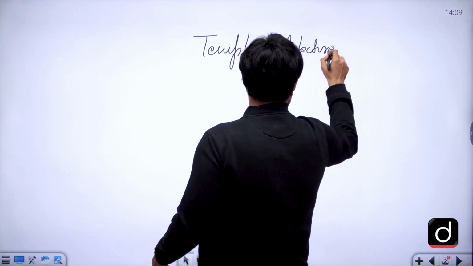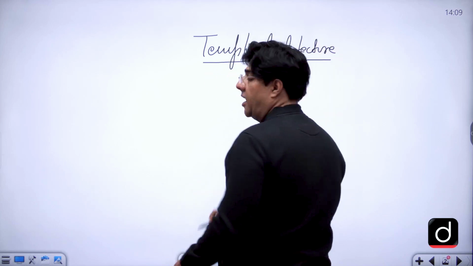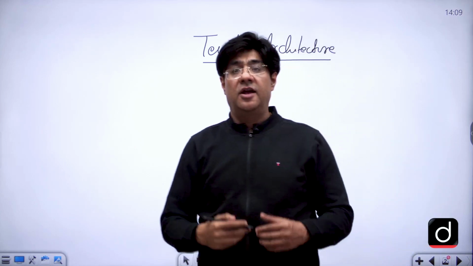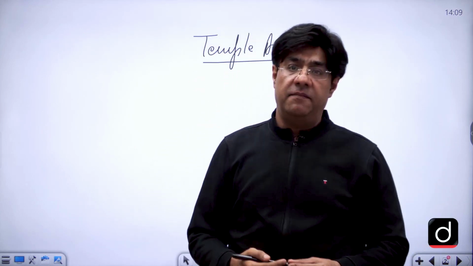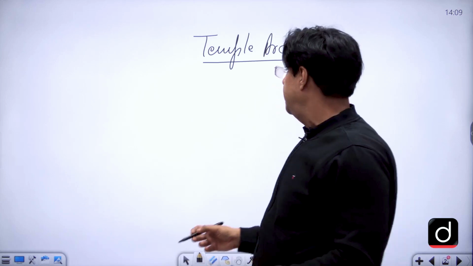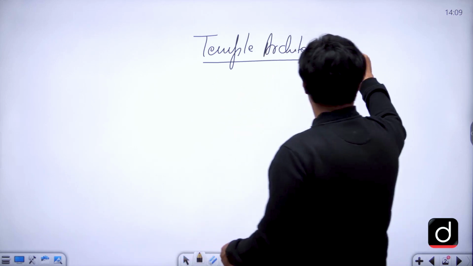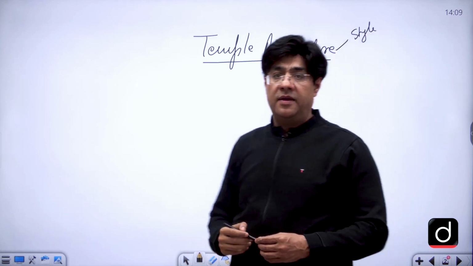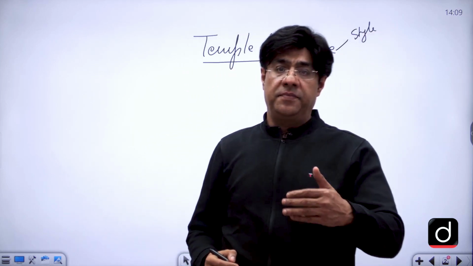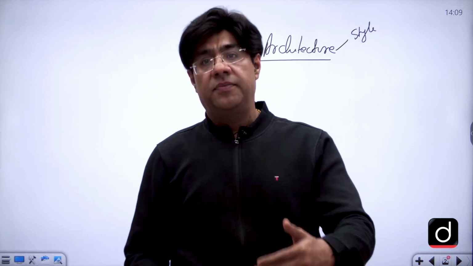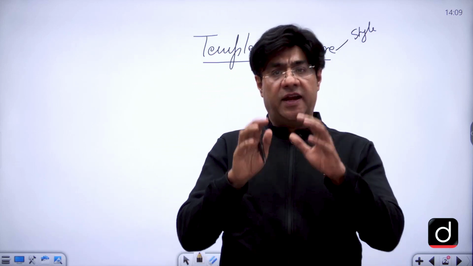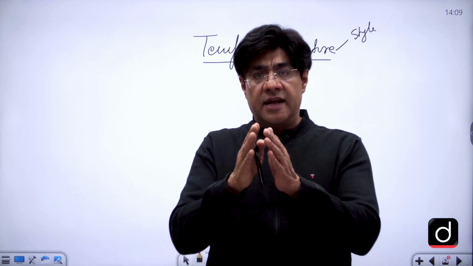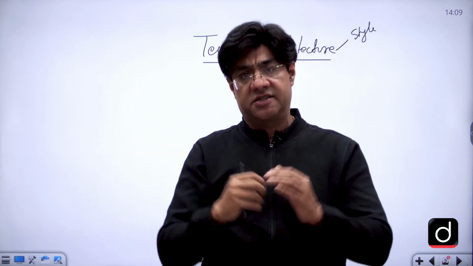Now this is one very important thing. Art, architecture and literature. So temple architecture in India. In the temple architecture, we should do the styles of the temple architecture. Dravida style is there, Nagara style is there, Vesara style is there. There are three main styles, and there are some regional variations of these styles.